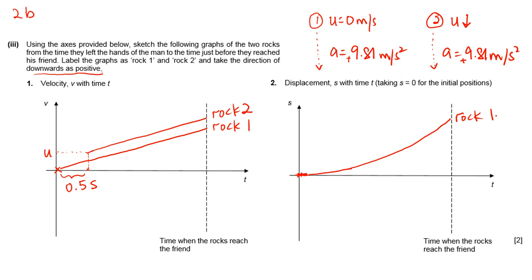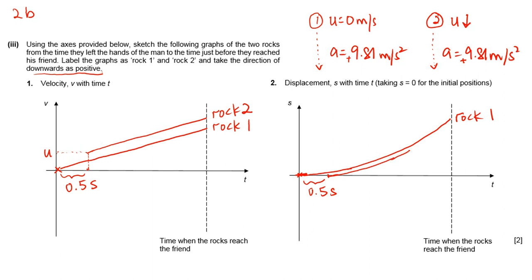For rock 2, it was being thrown 0.5 seconds later, so we should also start the graph 0.5 seconds later. For rock 2, the initial speed is not 0, therefore it should start with a certain non-zero gradient, and it continues to increase.